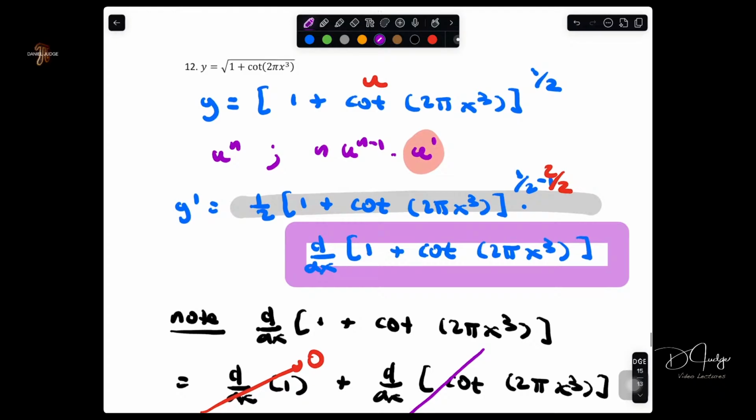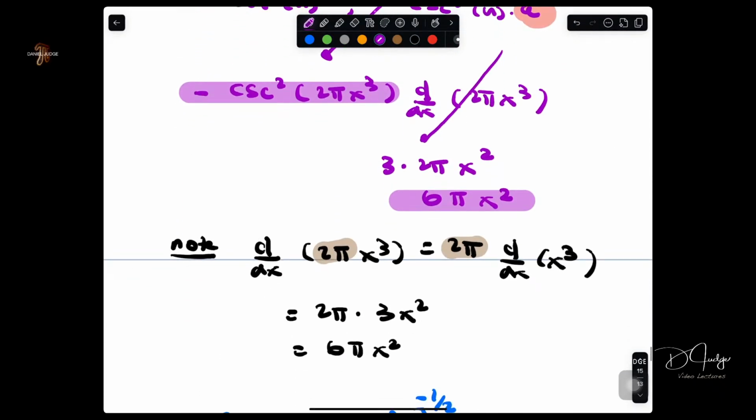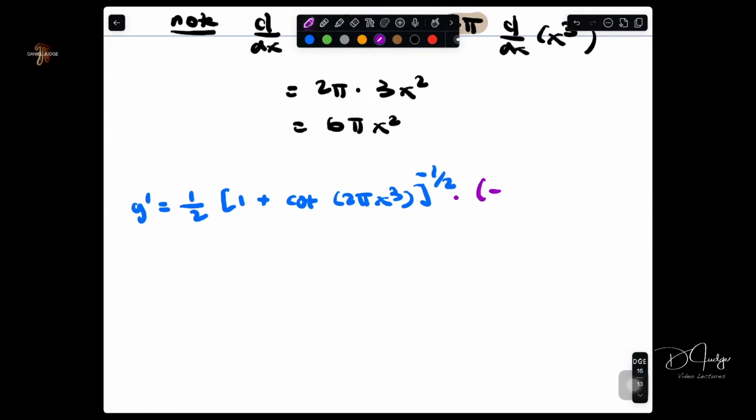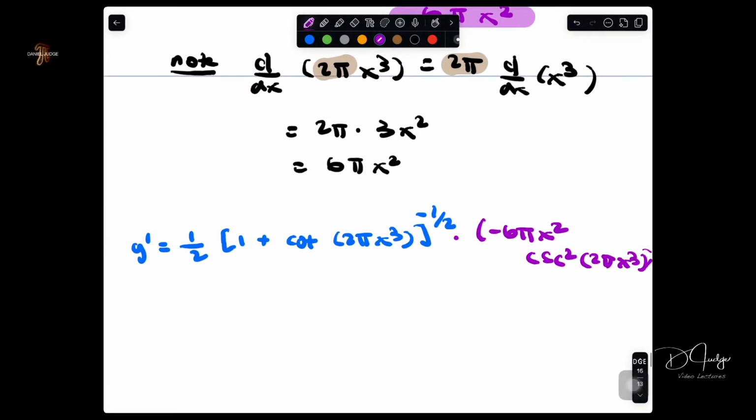Right? Looks good. But it'll be really minus 6 pi x squared cosecant squared. So it's minus 6 pi x squared. I'll put cosecant squared 2 pi x cubed here, in parentheses. Let's double check. Yeah. 6 pi x squared times a negative cosecant squared 2 pi x cubed.